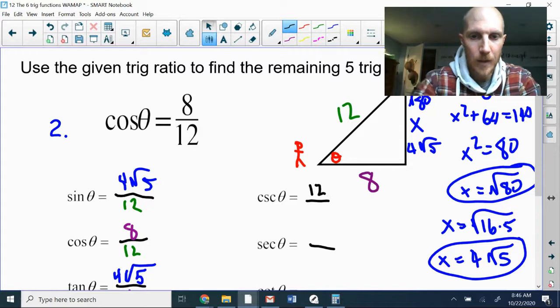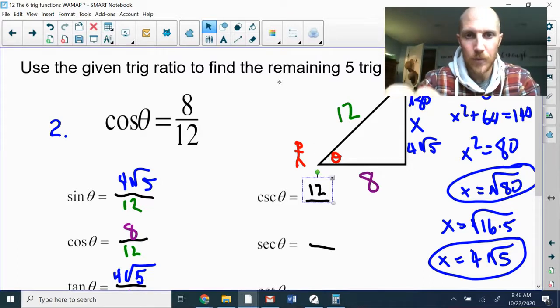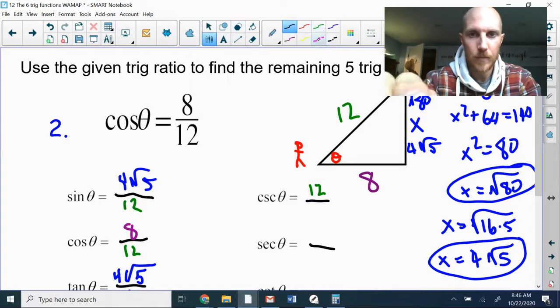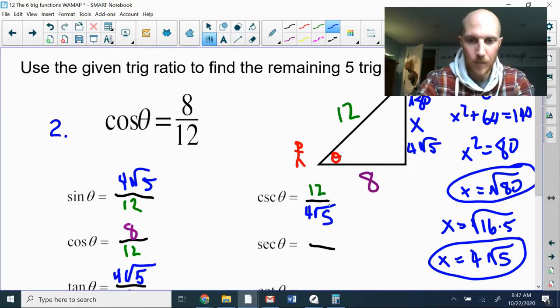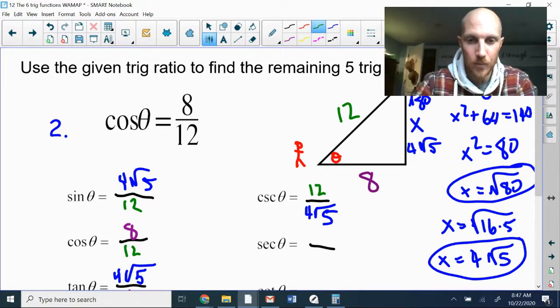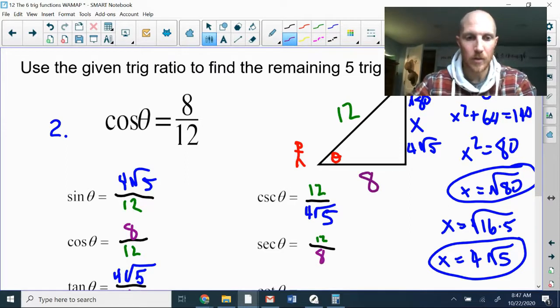Either way, 12 is the hypotenuse in green, and 4 radical 5 is the opposite side. Okay, secant, that is the reciprocal of cosine, so I can put hypotenuse on the top and the adjacent side of 8 on the bottom.